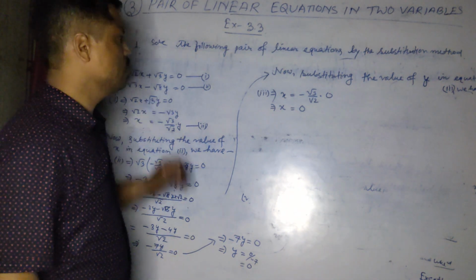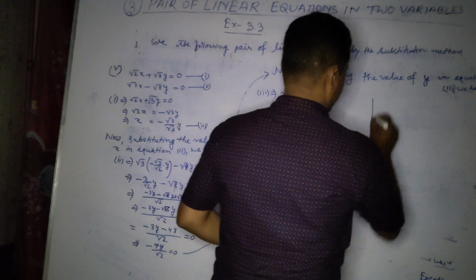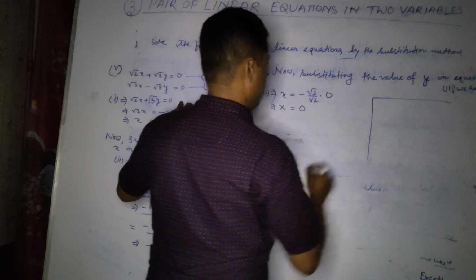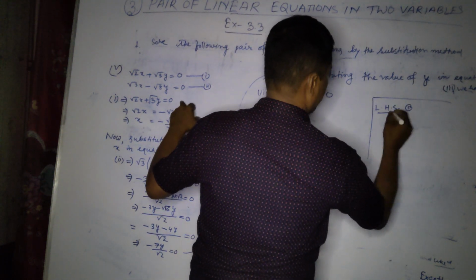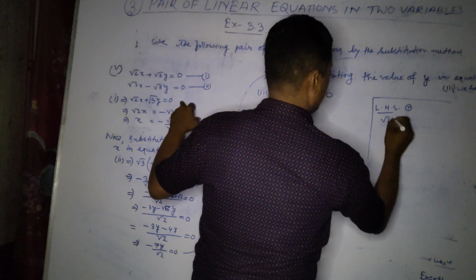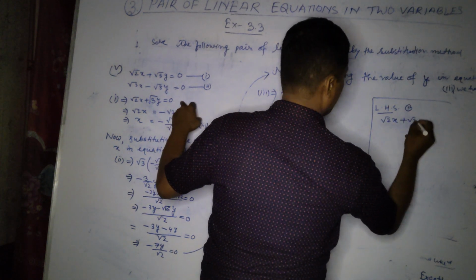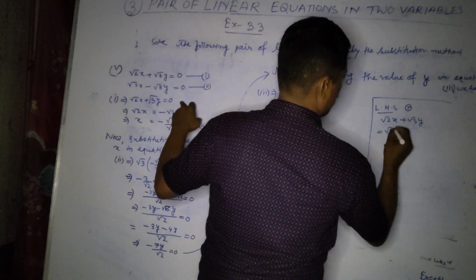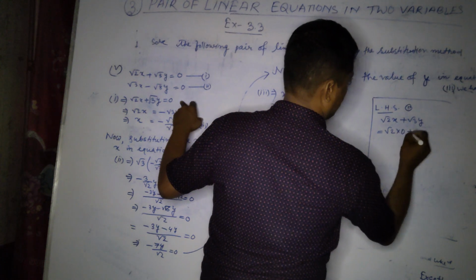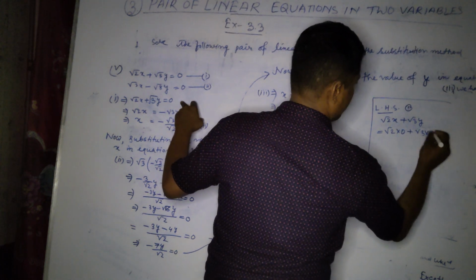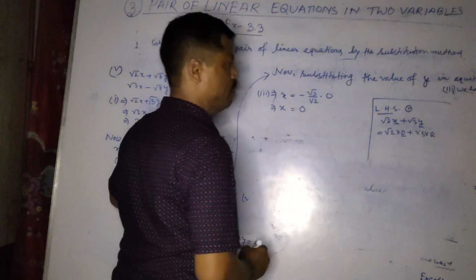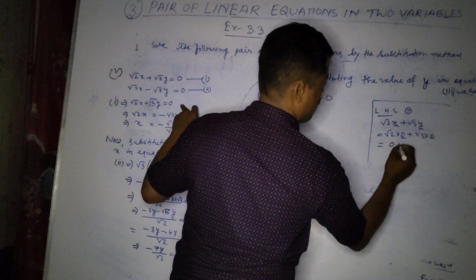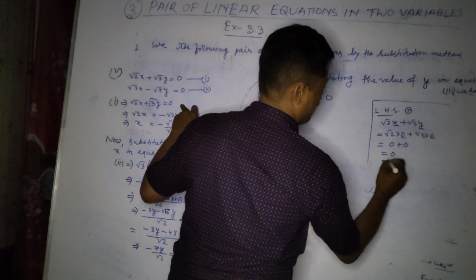Now we have to verify whether the sum is correct or not. Left hand side of equation 1 is root 2x plus root 3y. This means root 2 into 0 plus root 3 into 0. Then we get 0 plus 0, that means 0, the right hand side.